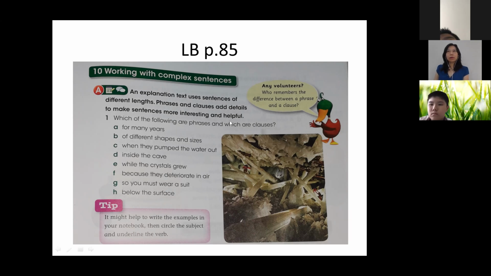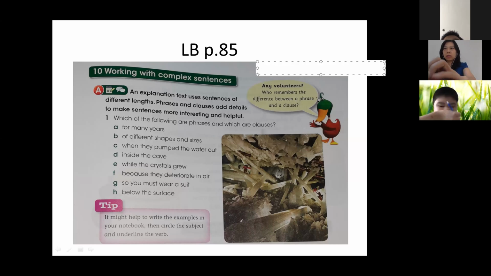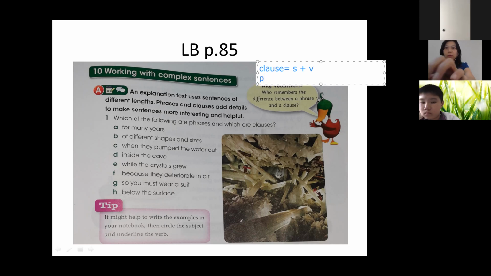All right? Now, phrase and clause. A clause consists of a subject and a verb. It's always like that. If you have a clause, there must be a subject and there must be a verb. As for a phrase, it consists of only words which make sense: 2 words, 3 words, 4 words, but it should make sense.